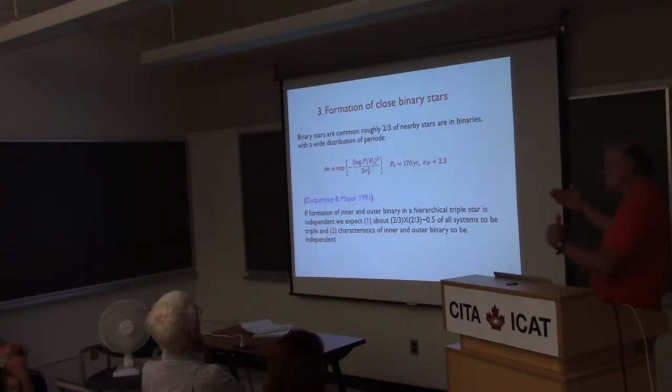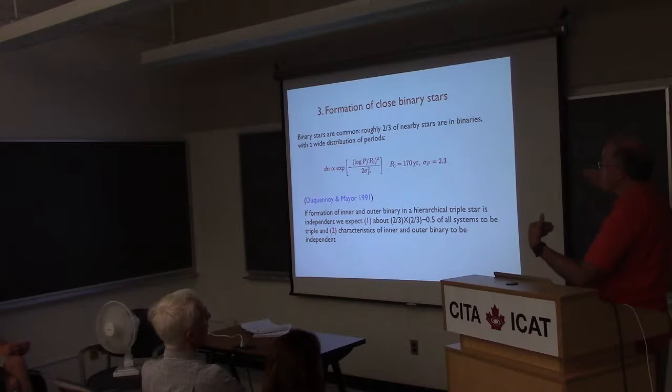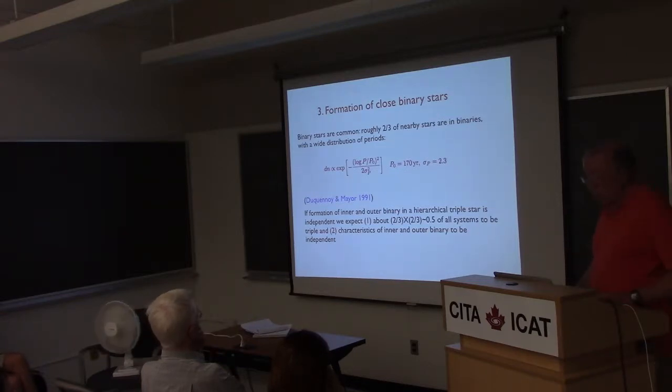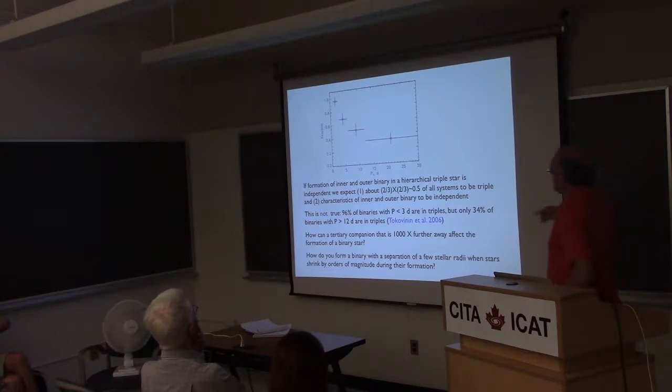These are hierarchical triples in which there's a difference of several orders of magnitude between the semi-major axis of the inner binary and the outer component. In that case, you would normally expect the formation of the inner binary and the outer larger binary ought to be kind of independent events because the scales are different by orders of magnitude and they shouldn't have anything to do with each other. That's not true.